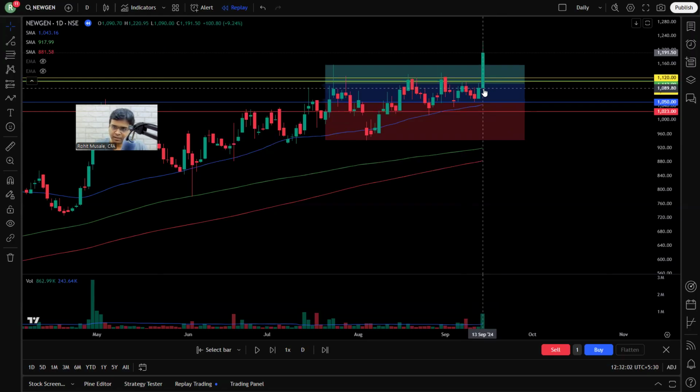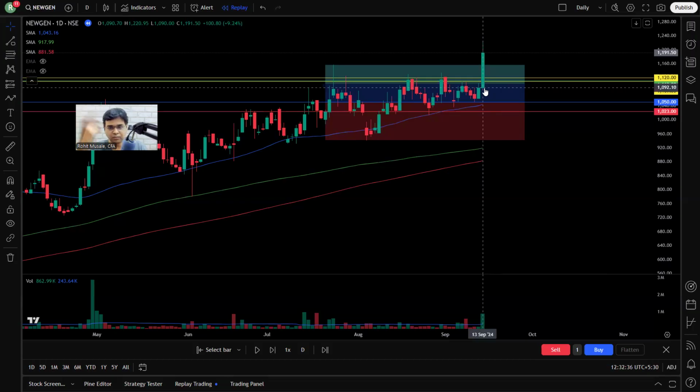Can I say that if the stock starts to pull back, it could pull back, find support at the yellow band, and then start moving up, which is called the tennis ball action by Mark Minervini in his book? I think he spoke about tennis ball action in his second book, Think and Trade Like a Champion. So if tennis ball like action comes in this stock, can we say that the low of this candle will be respected by the market? The answer is yes. There is a good probability.